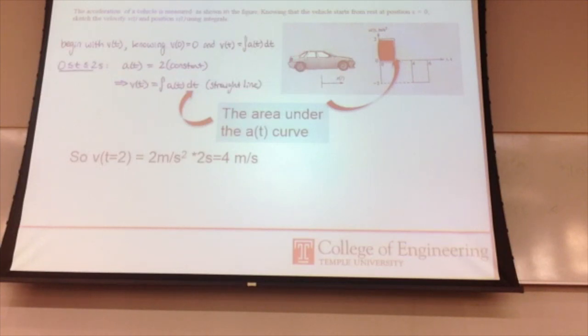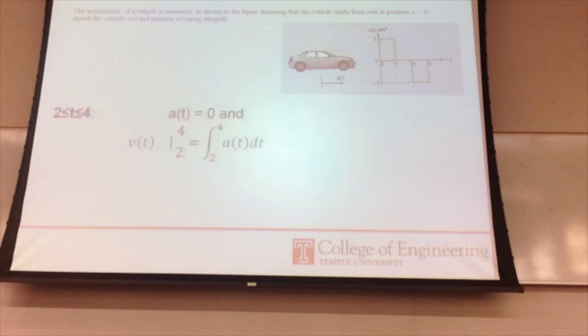So this is for the first 2 seconds. What happens over the next 2 seconds? What's the velocity at time t equals 4? It's not zero. The change in velocity is zero. This is an acceleration curve, right? So the change in velocity is zero. So it's 4 meters per second.